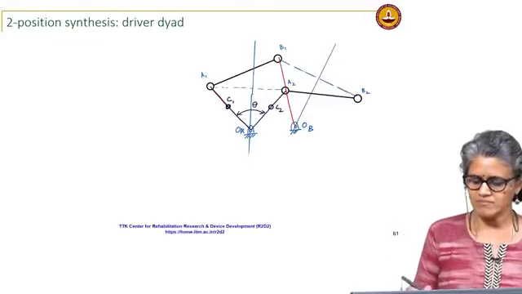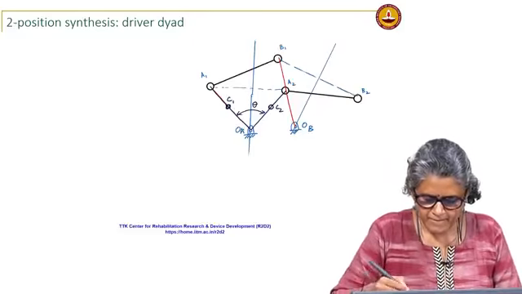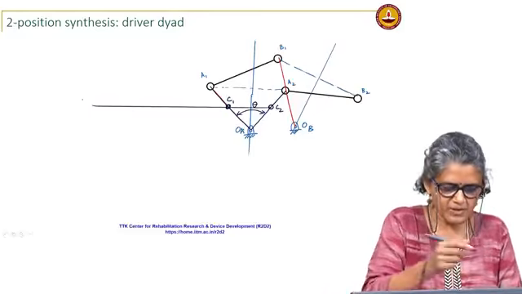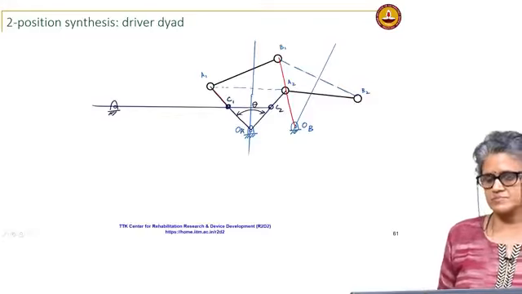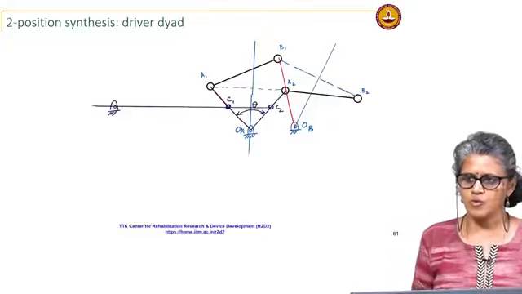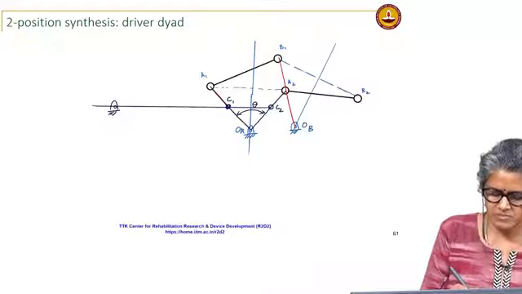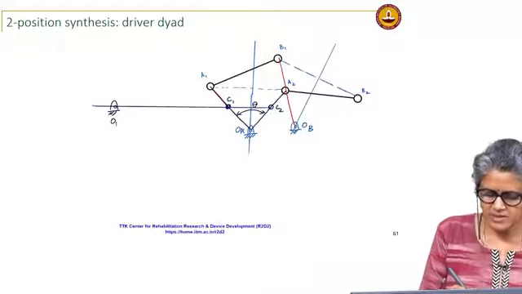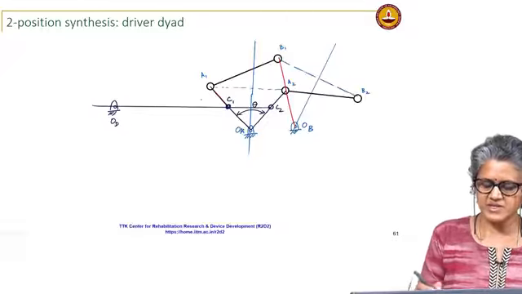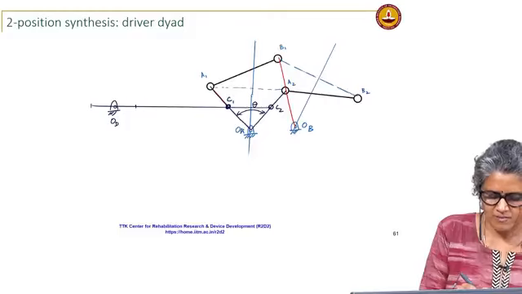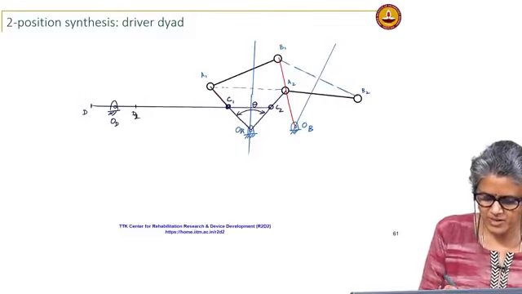Then all I need to do is take C1 C2, extend it, and pick some fixed pivot, I can call it D. Then half of C1 C2 will give me D2 and D1.